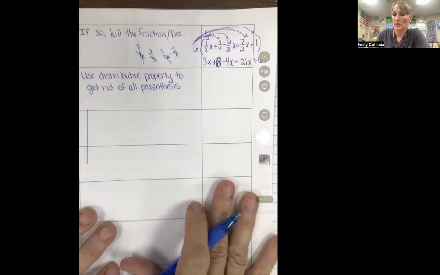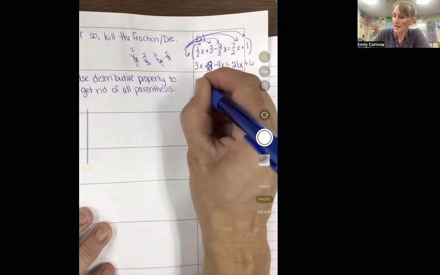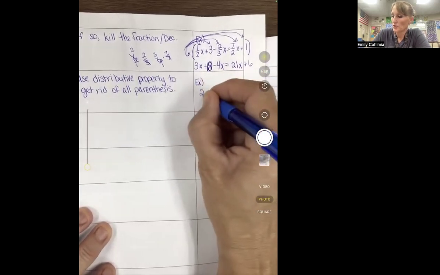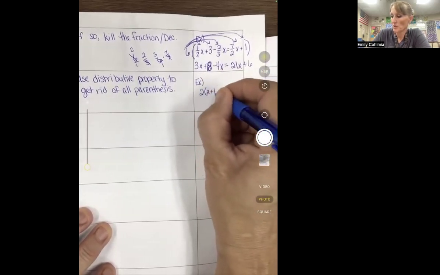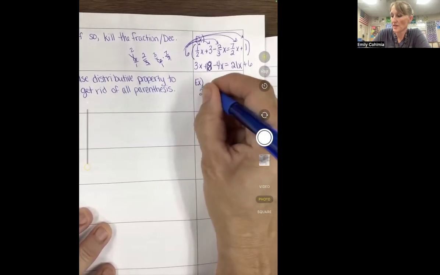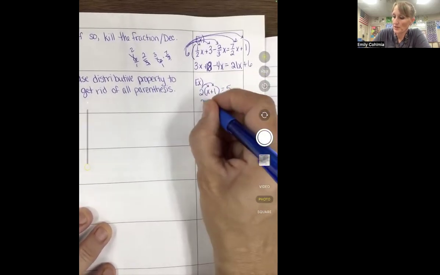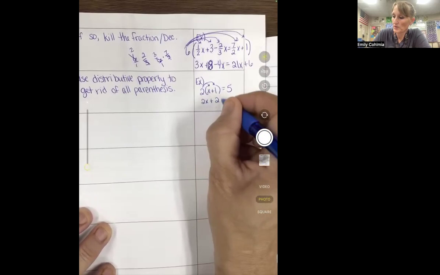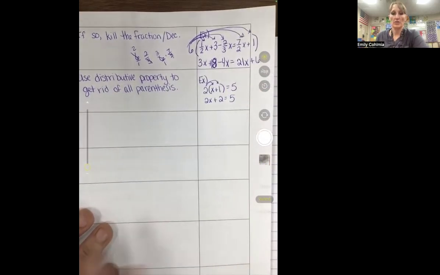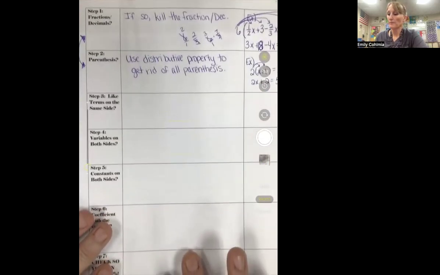Our example is not a good one for this, but let's say that we have 2 times x plus 1 equals 5. In this case, we would do distributive property, so 2x plus 2 equals 5, before we would continue on.